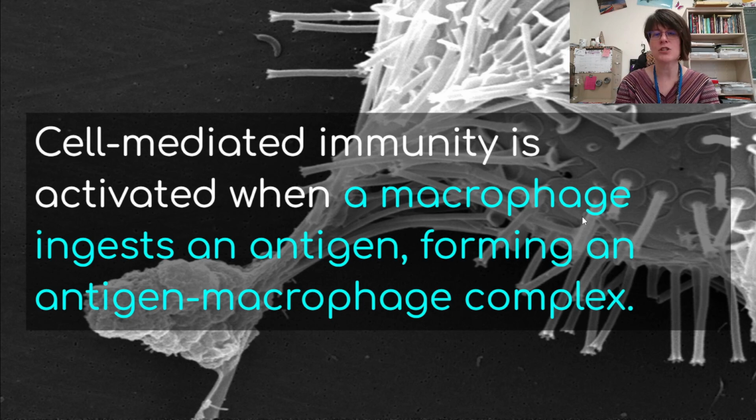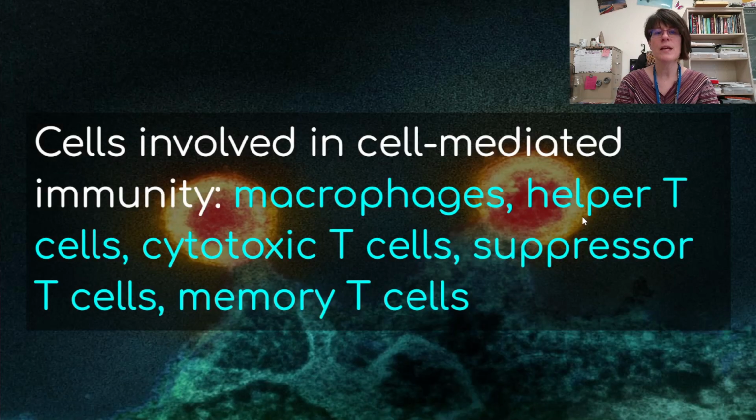So that's the mediation part. Cells involved in cell-mediated immunity are macrophages, helper T cells, cytotoxic T cells, suppressor T cells, and memory T cells. We will talk a little bit more about all of these types of cells in class. I'm not going in depth here, but we will talk about them in class.